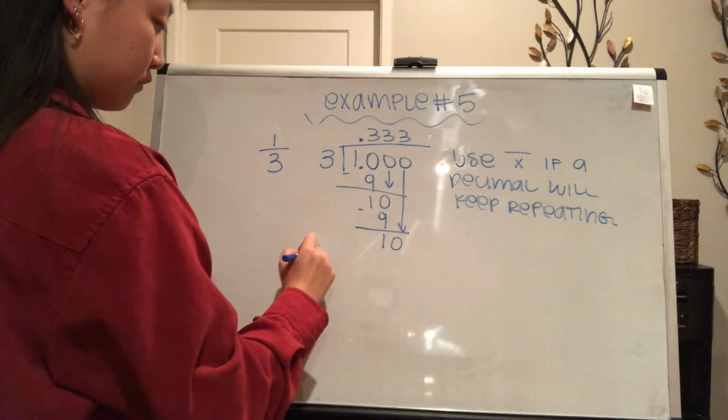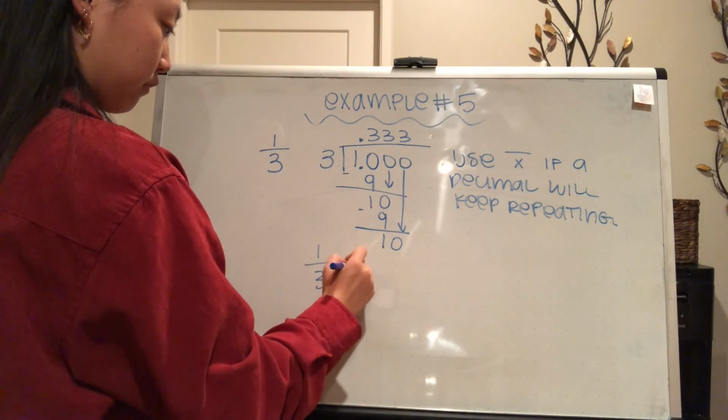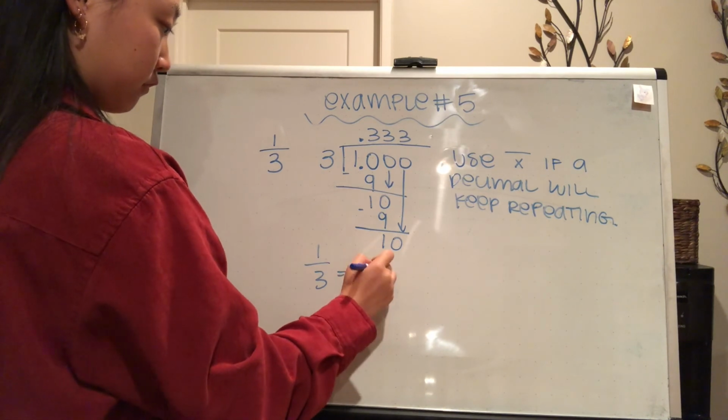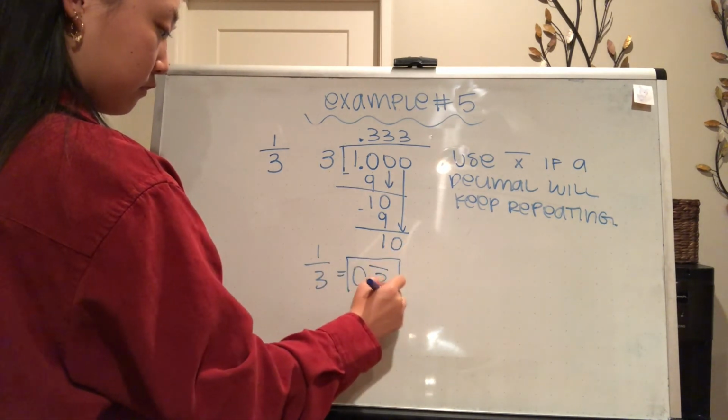And so the answer of 1 over 3 is equal to 0.3 with the line over the 3.